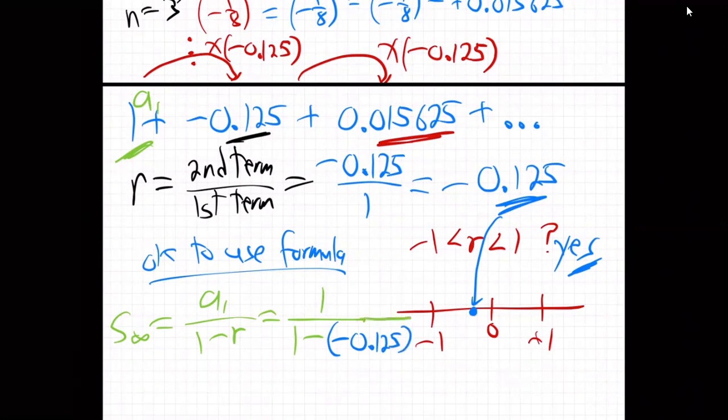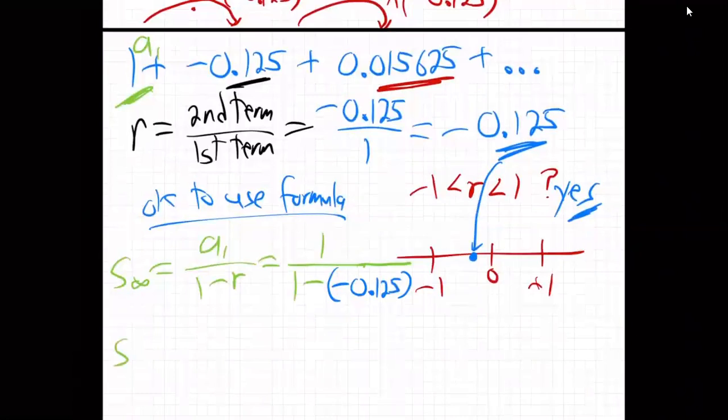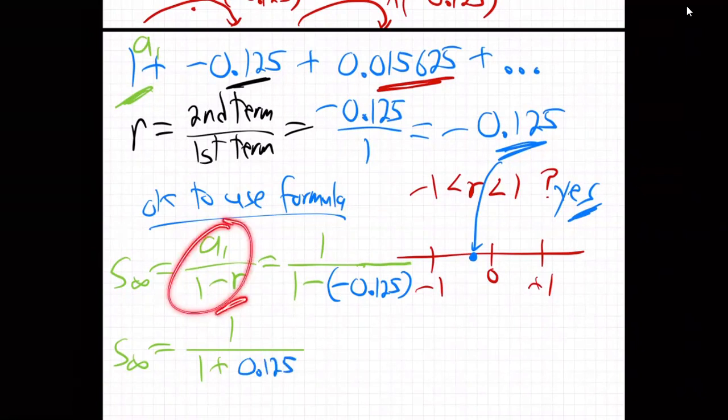So therefore, S sub infinity equals 1 over 1 plus 0.125, right? The double negative, so watch out. That's an easy mistake to make. The formula says 1 minus R in the bottom, and R turns out to have its own negative sign. So double negative, positive, you know the drill.